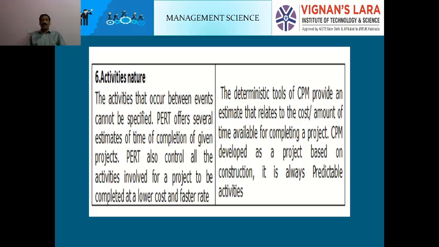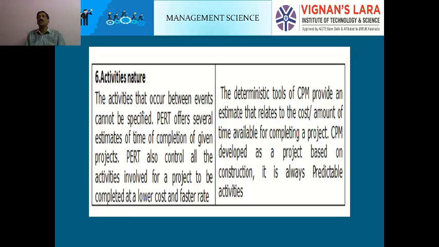While at the same time, CPM is a method which can be used for total activities with respect to time duration. That means how much time is available for completion of one task as well as the total project work. It is a project based construction.